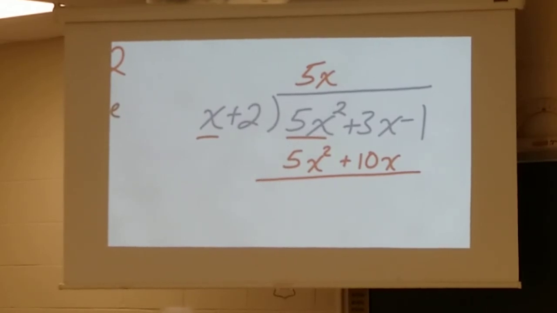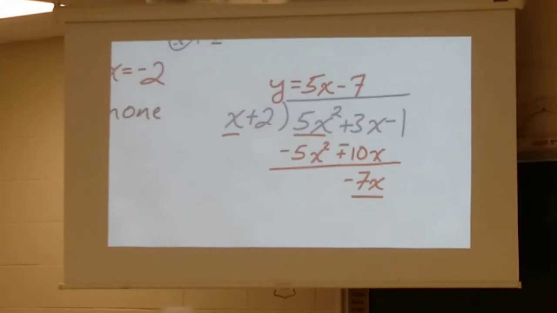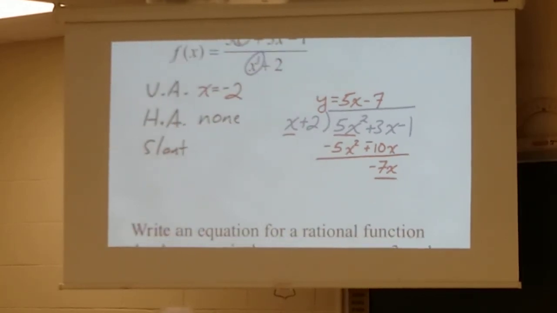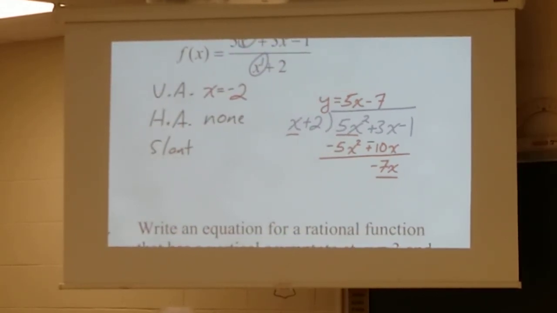Now, when you do subtraction here, make sure that you're subtracting both of these, which gives you a -7x. That -7x is honestly the last number I need so that I can write down -7. Technically, y equals 5x minus 7. Okay, that's your slant asymptote. y equals 5x minus 7. I stopped because I know I'm going to get a remainder.